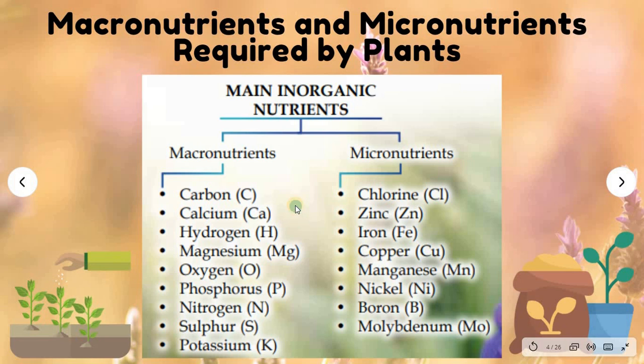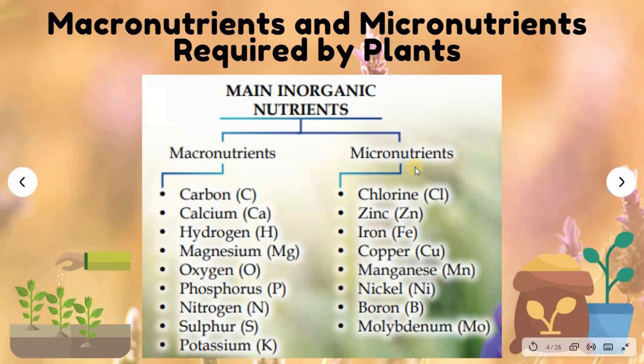These are the examples of the macronutrients: carbon, calcium, hydrogen, magnesium, oxygen, phosphorus, nitrogen, sulfur, and potassium. So these are all macronutrients. What about the micronutrients?